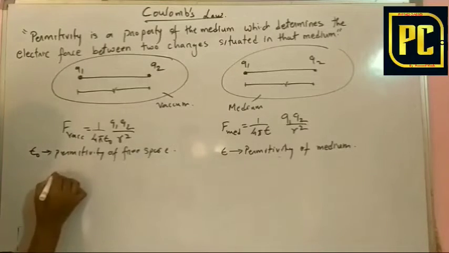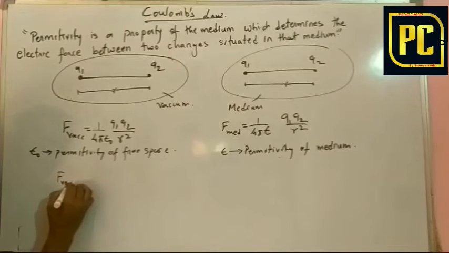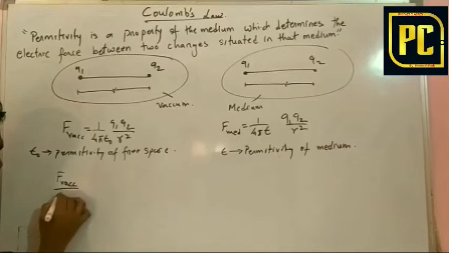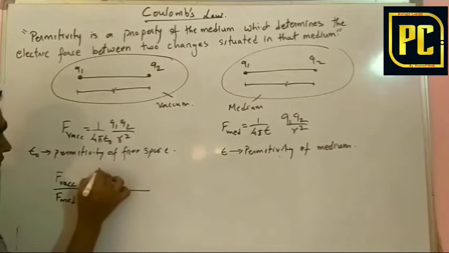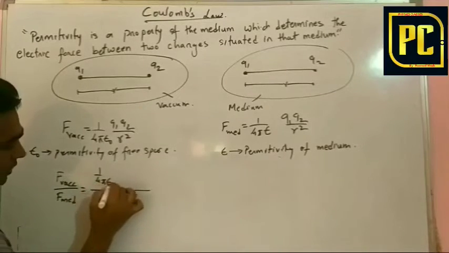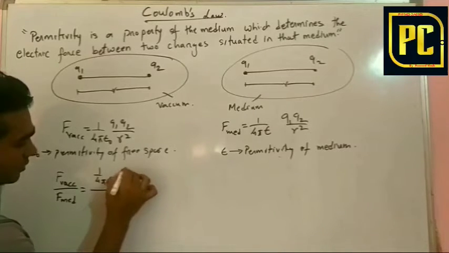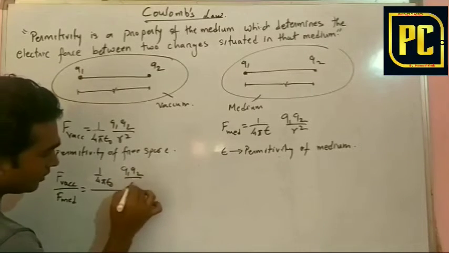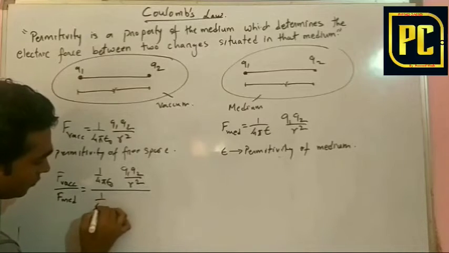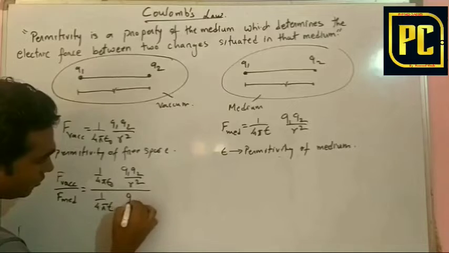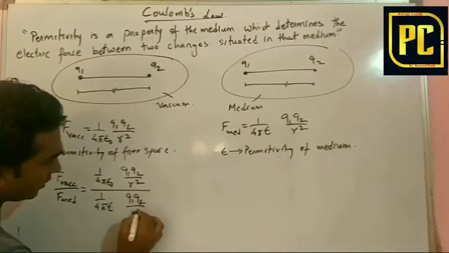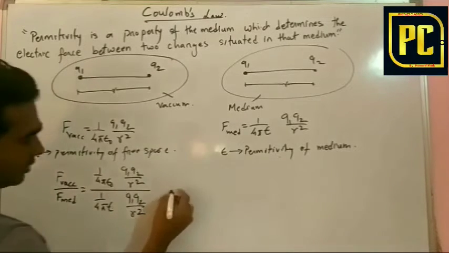Now if I divide this F vacuum by F medium, it will be 1 by 4 pi epsilon naught Q1 Q2 by R square, divided by 1 by 4 pi epsilon Q1 Q2 by R square.